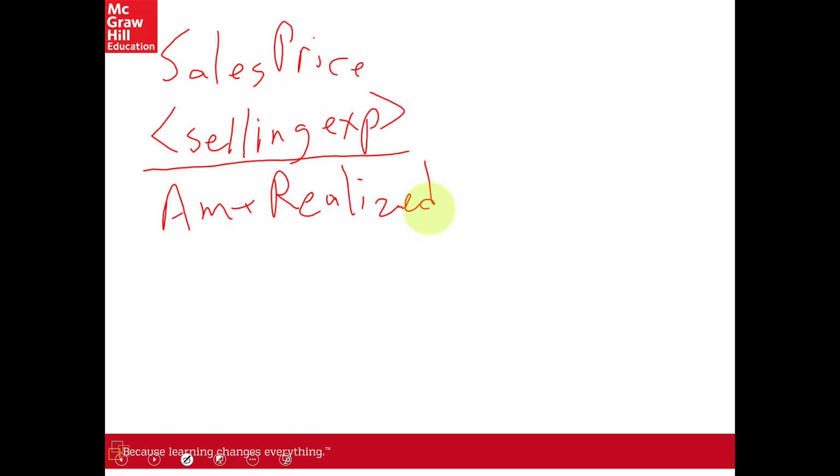Now, the next thing we do is subtract out the cost of what we're selling. So you get that initial cost basis, possibly what you paid for, but we'll see other types of initial costs maybe in the next slideshow. And we're going to subtract out the amount of depreciation that was claimed or should have been claimed over the time you've held that asset.